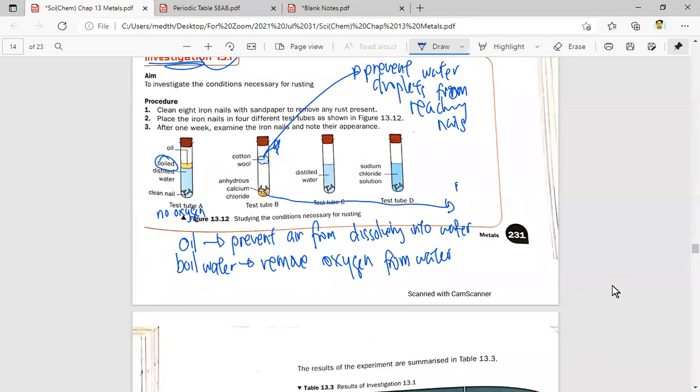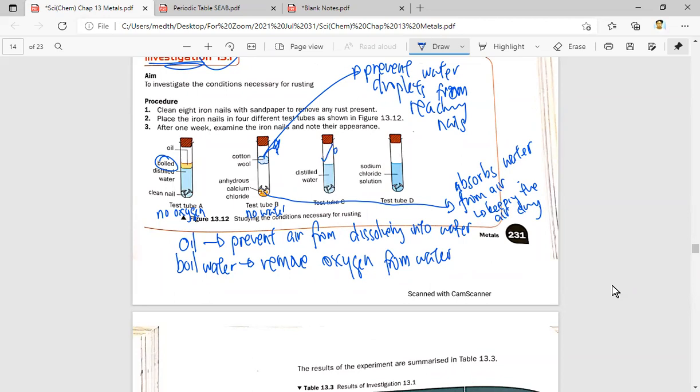This fella here actually absorbs water moisture, or water, from the air. So if you absorb water from the air, actually you are keeping the air dry. So in test tube B, with the cotton wool and the anhydrous calcium chloride, there's no water present in test tube B.